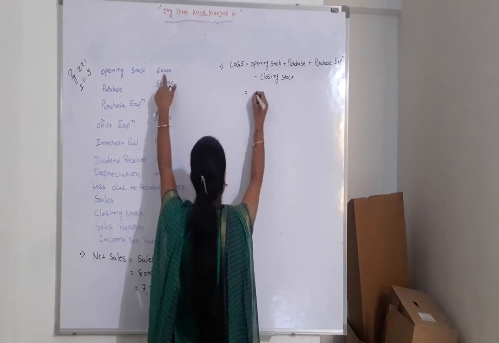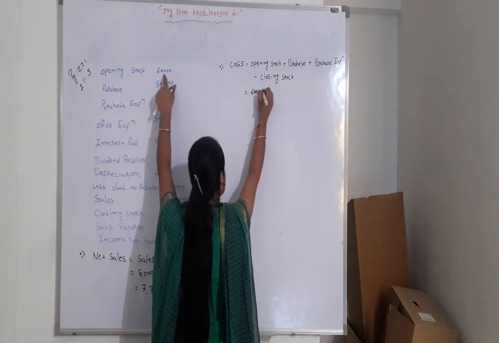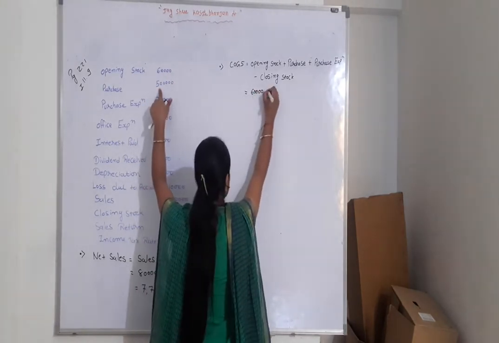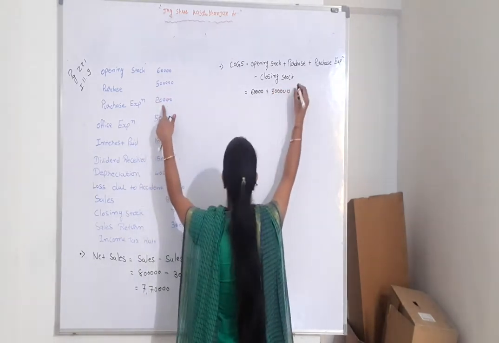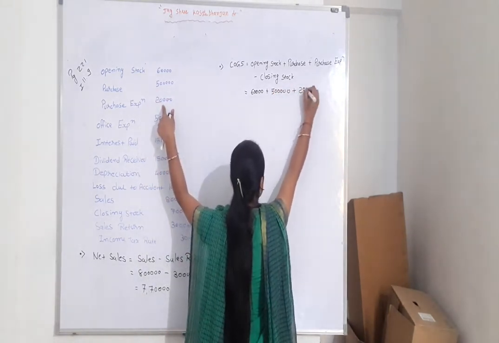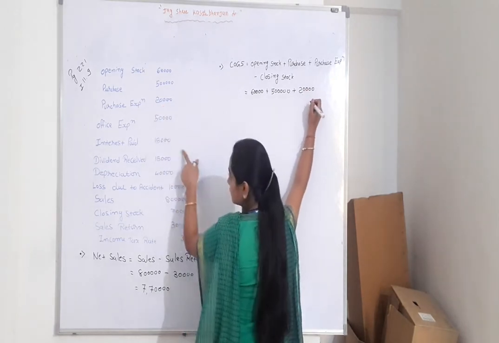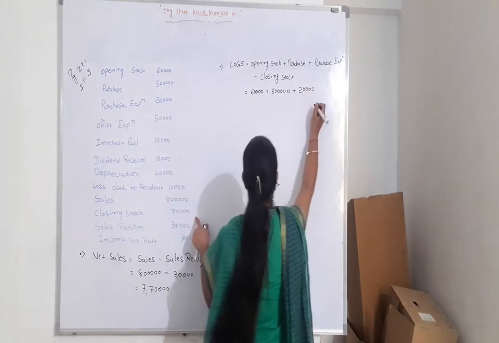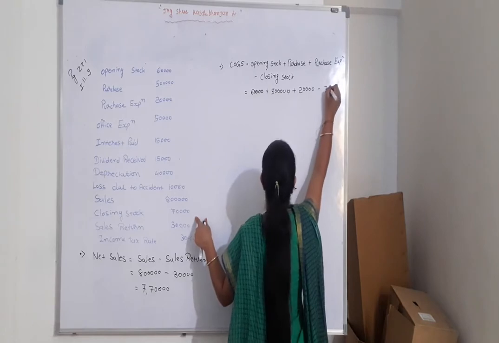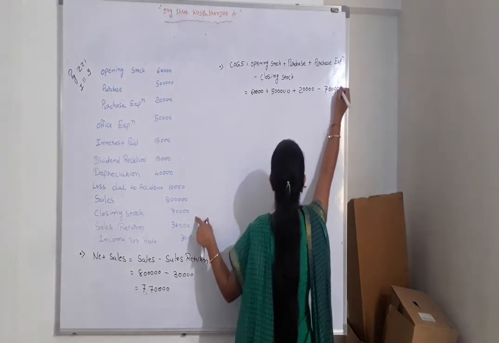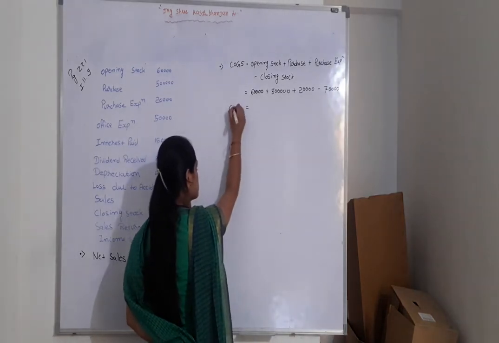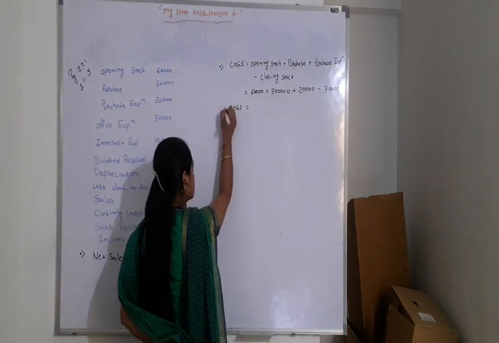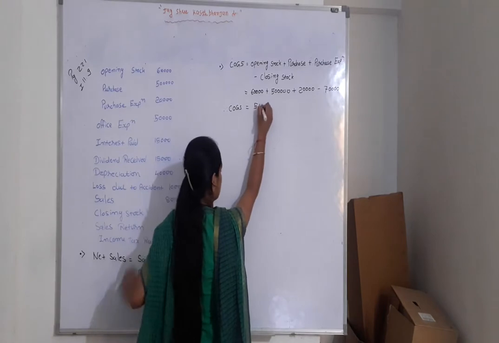Opening stock is 60,000, purchase 5 lakh, purchase expense 20,000, then closing stock minus 70,000. So our COGS is 5,10,000.